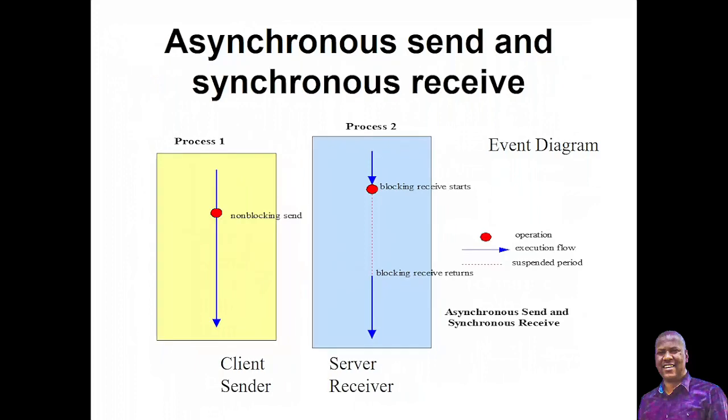We also have asynchronous send and synchronous receive. Take note that asynchronous is associated with non-blocking, and synchronous is associated with blocking. With that concept, we can see process 1 providing an asynchronous, non-blocking send. It keeps on sending because it doesn't block any operation. On the other hand, the synchronous receive blocks.